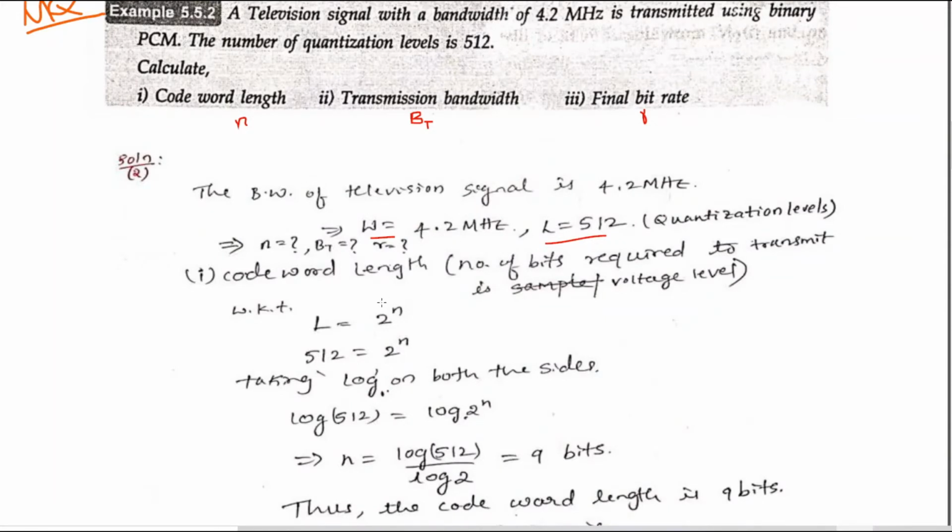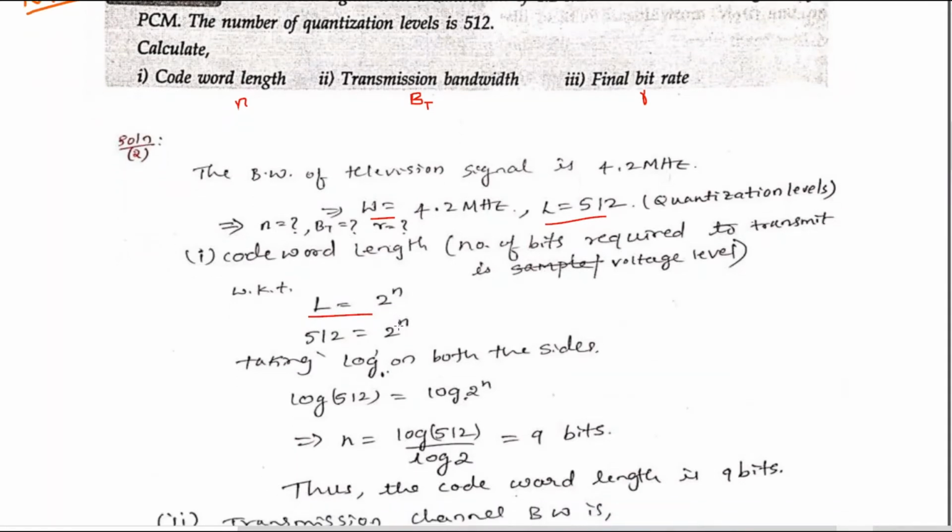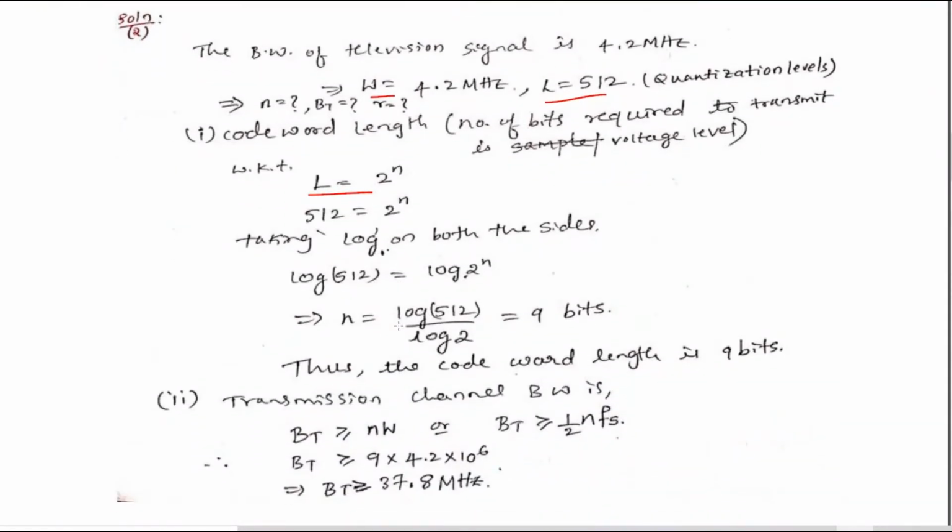As we already know, L is equal to 2 power n, and if we simplify by applying logs, we'll get n is equal to log L to the base 2. That can be written in this way also. It is a simplified version of the earlier equation. Now using this, we get n is equal to 9 bits. So each voltage level can be represented by 9 bits.